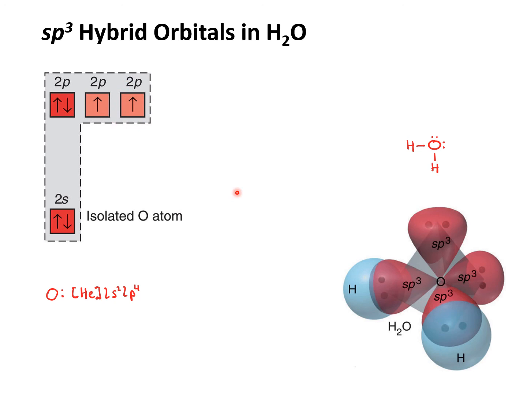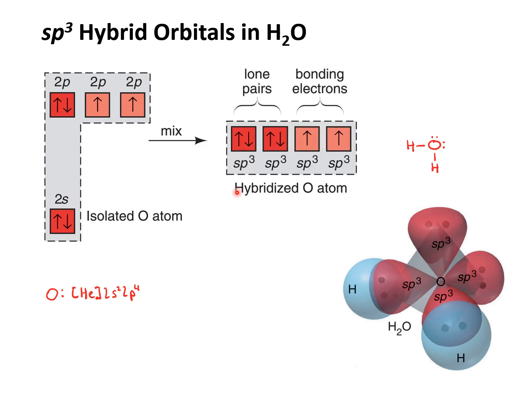So that's 4 atomic orbitals that we start with, and we mix or combine them to form 4 sp3 hybridized orbitals.